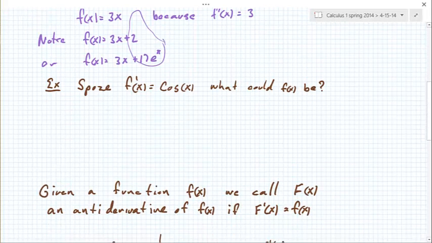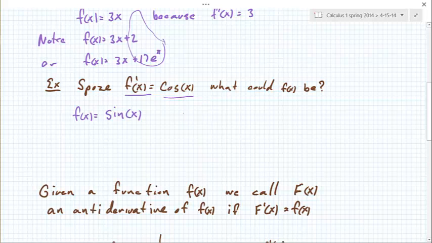So let's just do another quick example. Suppose I knew the derivative of some function was cosine of x. What could I say about the function? Well, one function that would work, something whose derivative is cosine, would be sine of x. But so would f of x equal to sine of x plus 17.